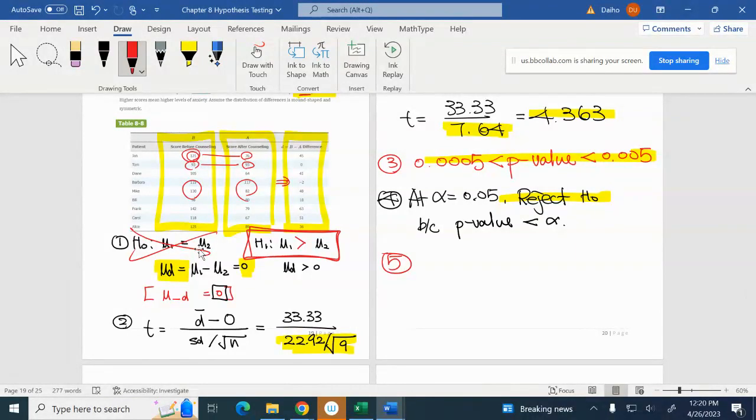Step 5, we have to interpret H1, the alternative hypothesis. What does it mean? mu1 is bigger than mu2, before higher than after. What does it mean? The counseling program works. It worked.